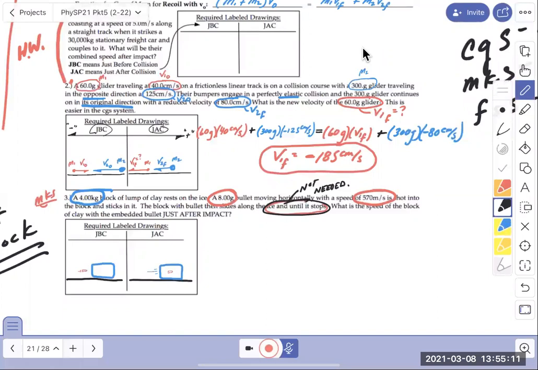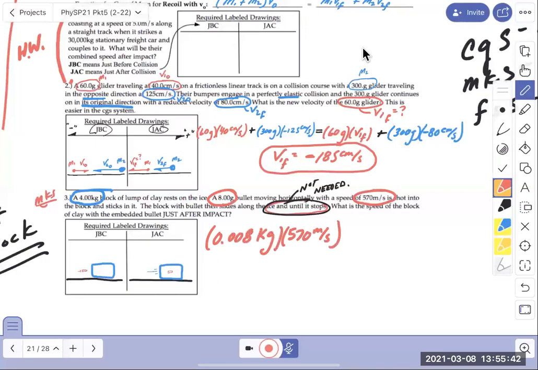Initially we have the bullet, 0.008 kilograms times 570 meters per second.